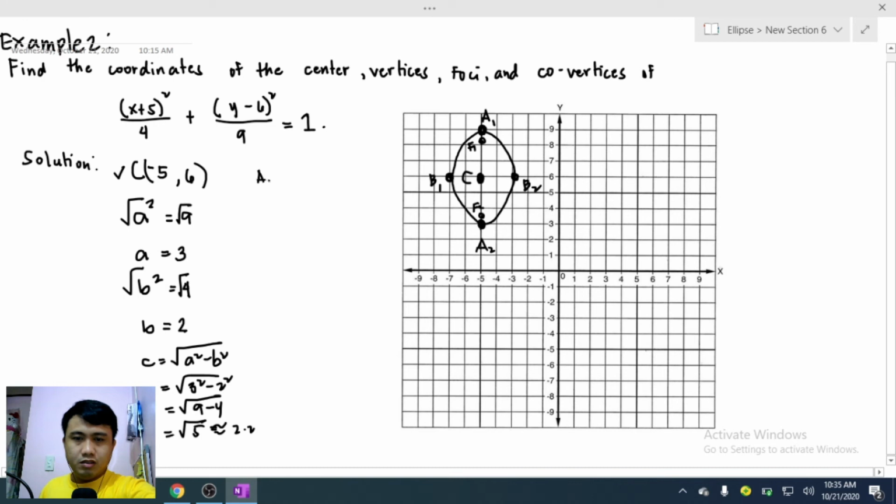So, ating A1 ay negative 5, 9. Ang ating A2 naman ay negative 5, 3. Ating B1 naman ay negative 7, 6.